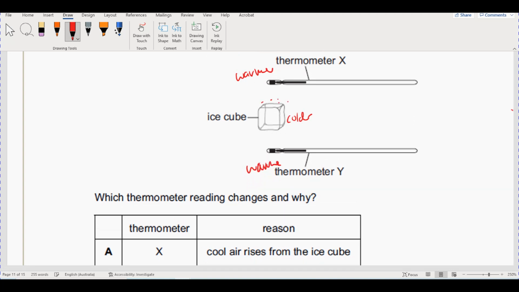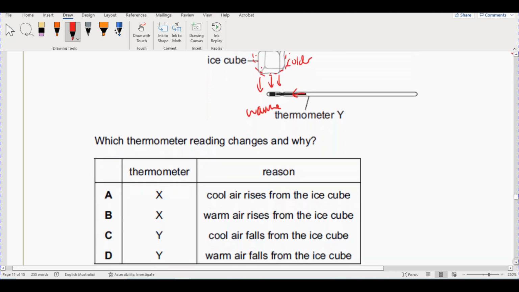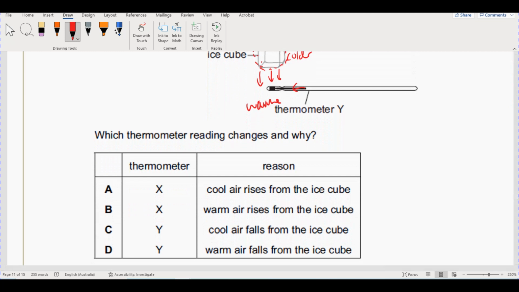And the cold air around the ice cube is not going upward, it is going downward only. So that means for Y, you will see the temperature drops in this way. So the answer is Y. And the reason: cold air falls from the ice cube, warm air falls, no, it must be cold air falls. Okay, let's see.